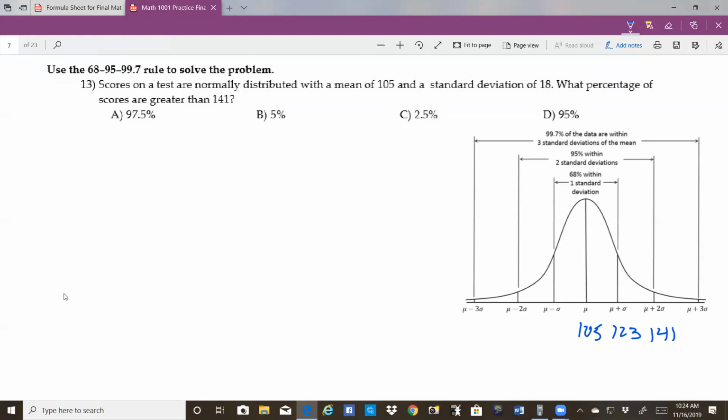So we want to find the percentage of the data that is to the right of 141, which would give us the probability and the percentage. So there's 100% total. There is 50% to the left.